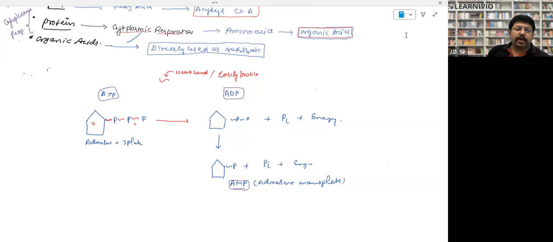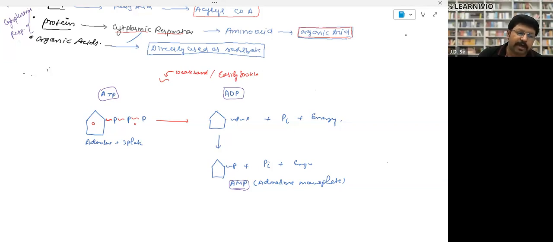Energy is stored in our body in the form of ATP, right? So what is adenosine triphosphate? This is adenosine, a nitrogenous base, we know. This is the structure of it. There are three phosphates, one, two, three. That's why we call it adenosine triphosphate, because there are three phosphates.